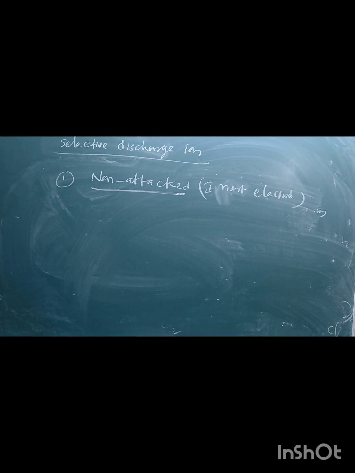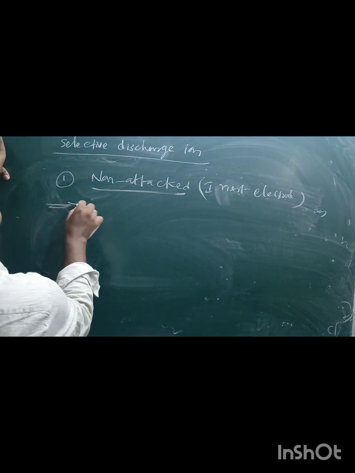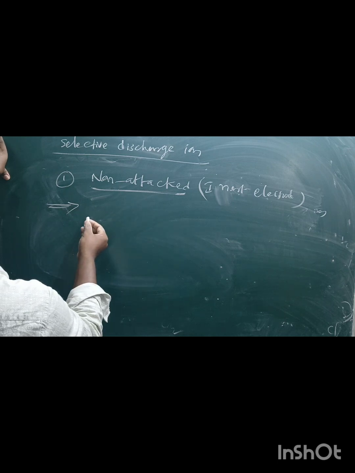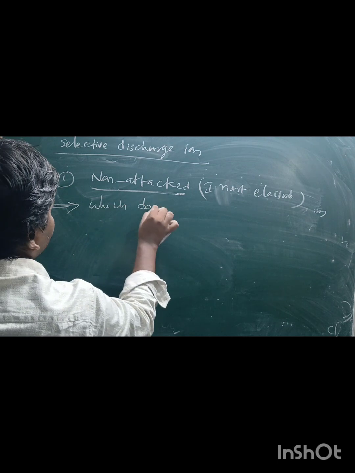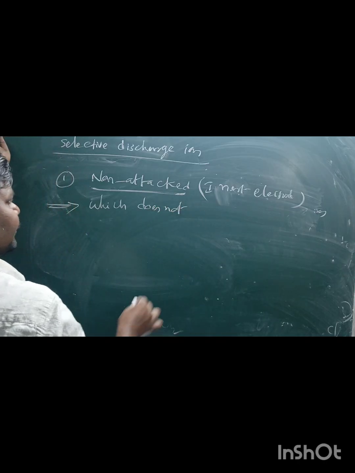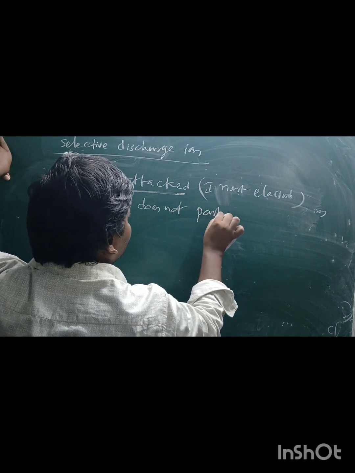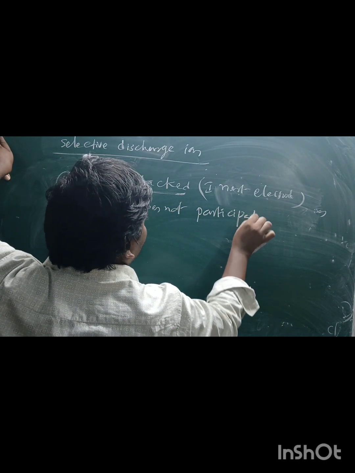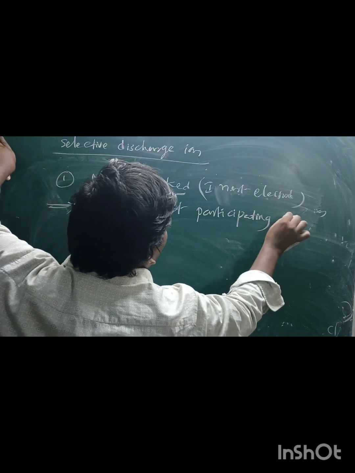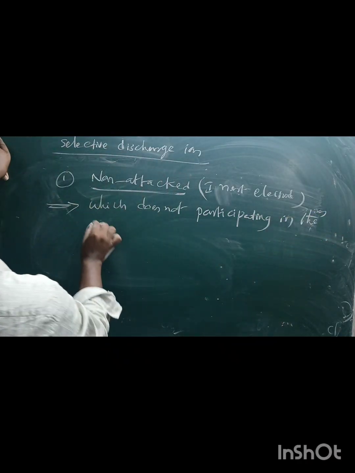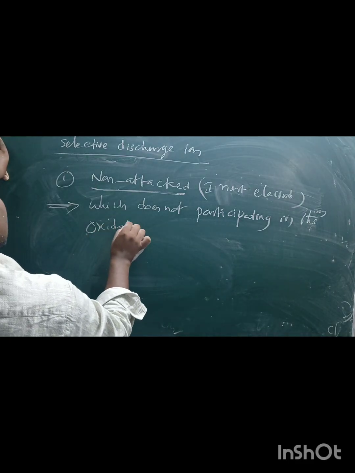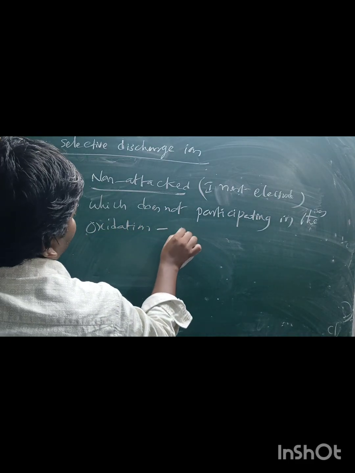A non-attacked electrode refers to an electrode which does not itself take part in the redox reaction, that is, oxidation and reduction.